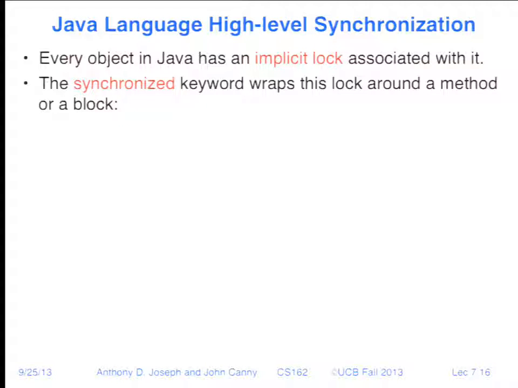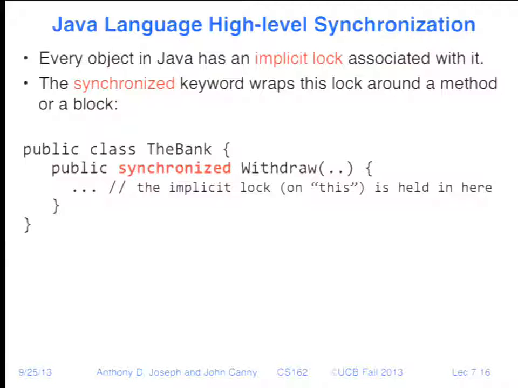So the synchronized keyword acquires a lock and releases a lock around some section that's protected by the synchronized keyword. So for a synchronized method, if you put synchronized in the preamble of a method declaration here, then basically everything in the method is synchronized by the implicit lock associated with an instance of the main class.